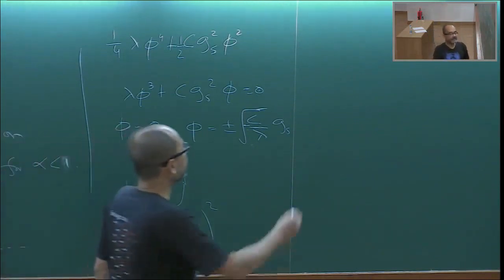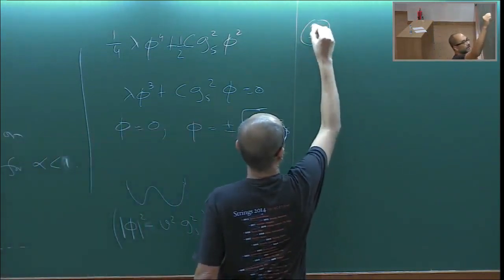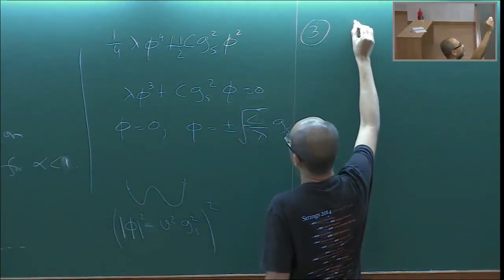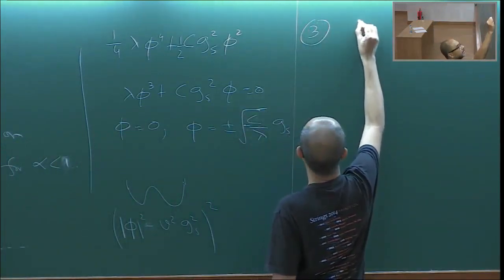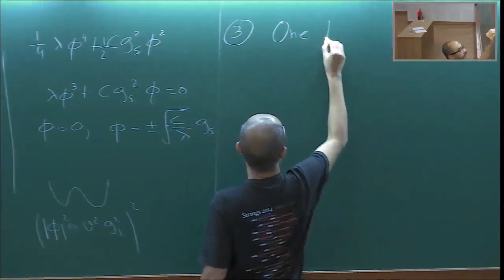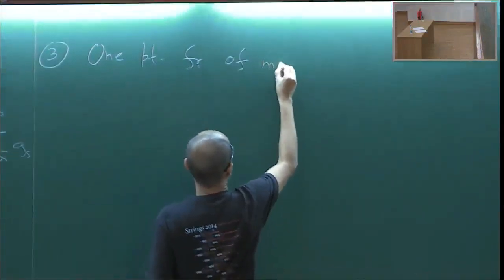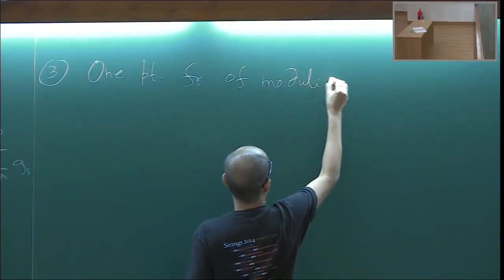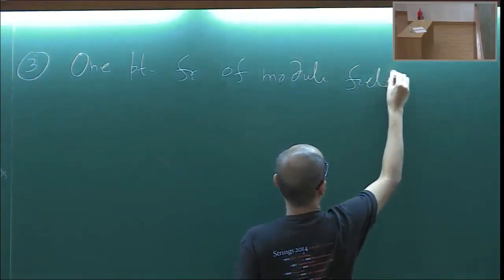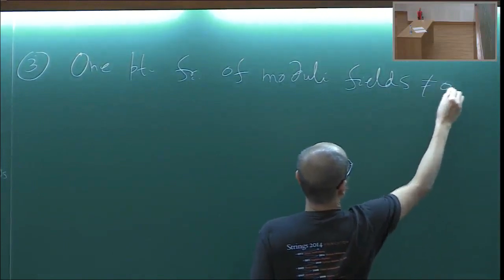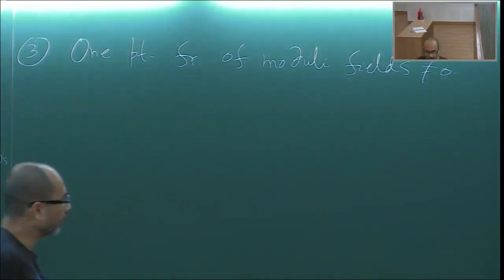And the third case, which is the worst case, is when the one-point function of moduli fields is non-zero. Moduli fields by definition have no potential at tree level.